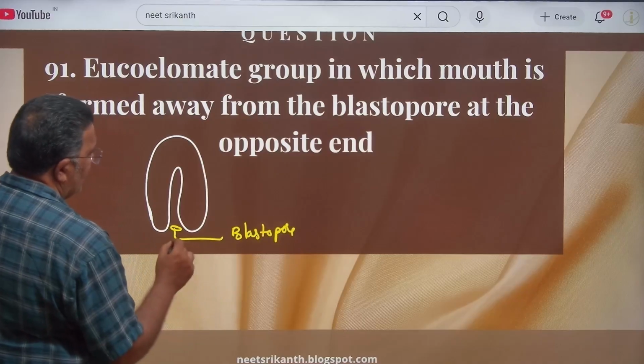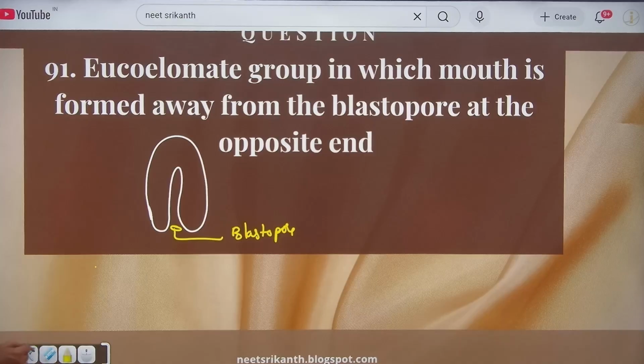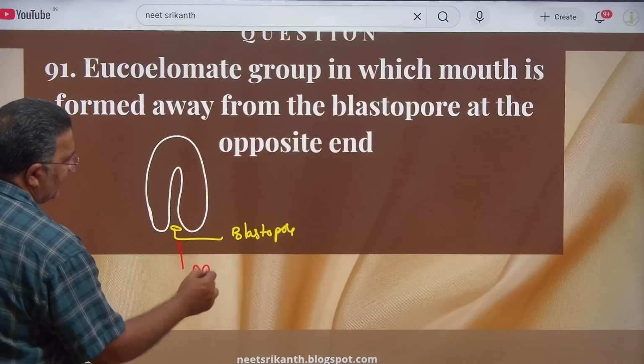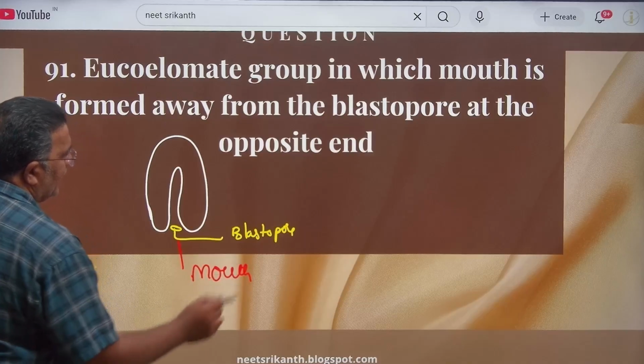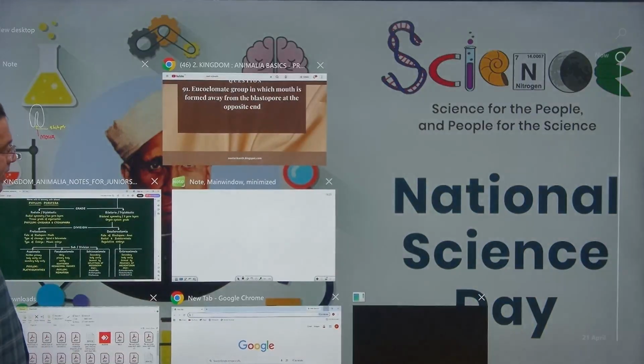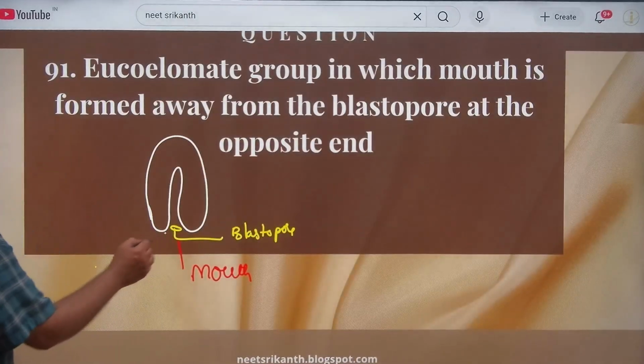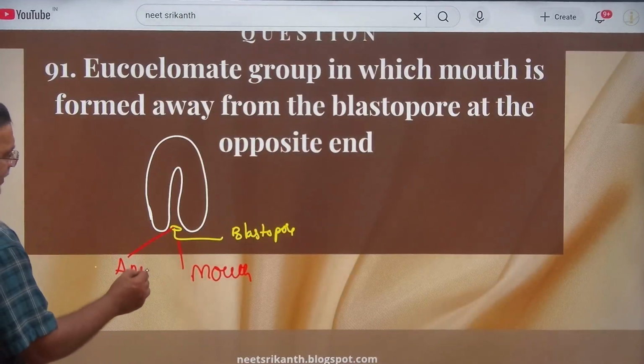If this blastopore develops as mouth, that is protostomia. If the blastopore develops as anus, that we called deuterostomia.